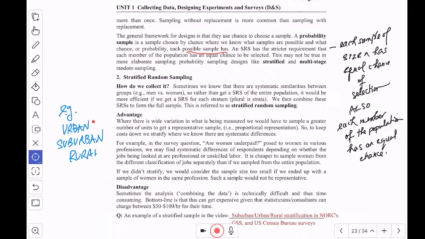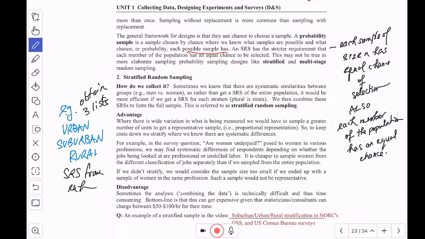So urban, suburban, rural: get a list for each, and then get a simple random sample from each.